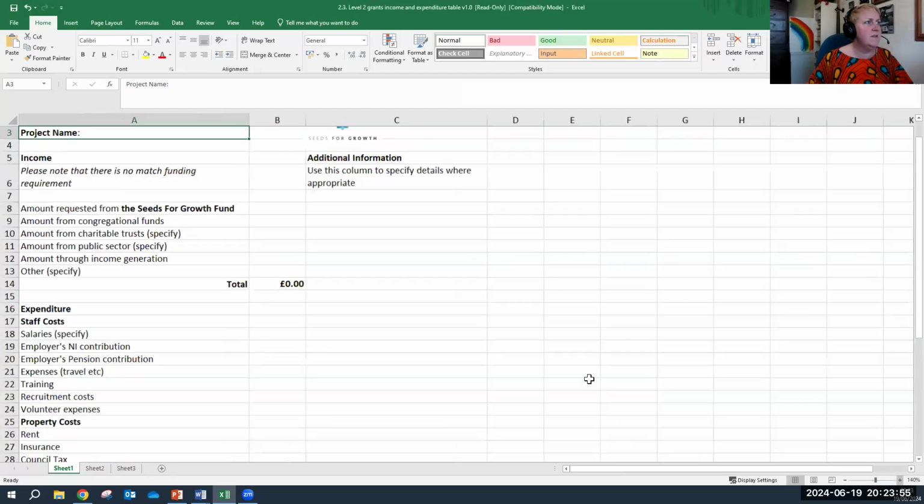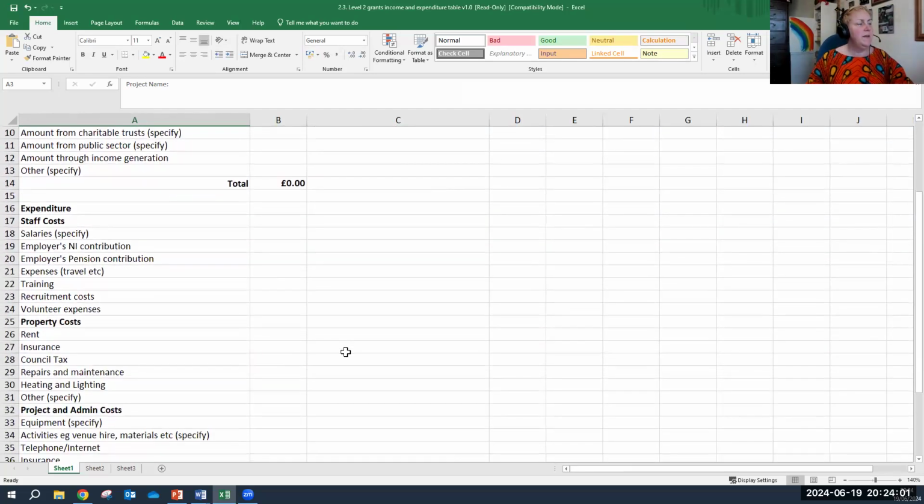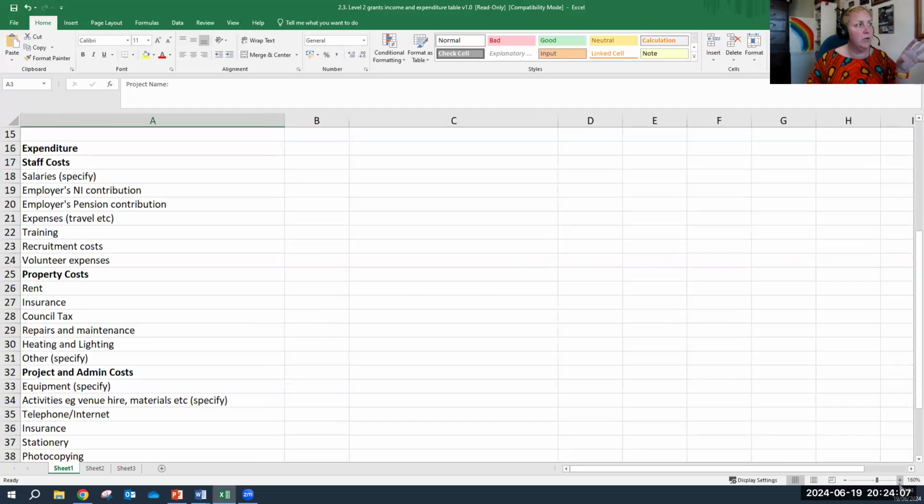It's just a list of all the places where you might spend money. So we'll come back to the income at the top, but the expenditure. Your project might not use all of these things. They're here just as a kind of aide-memoire, just in case it is relevant to you. And obviously you get this document so you can add in as many lines as you like with anything that you need to put there.